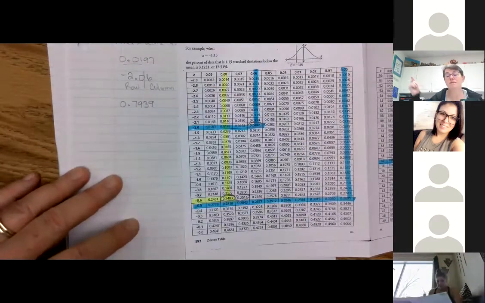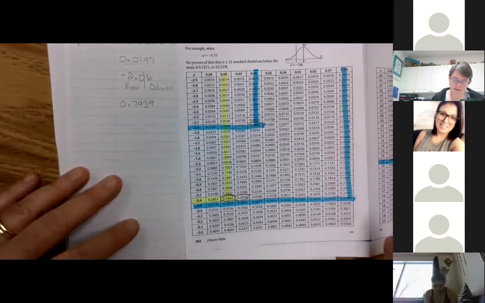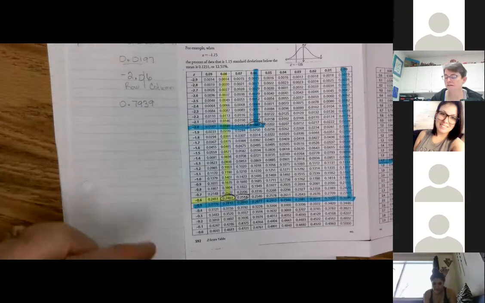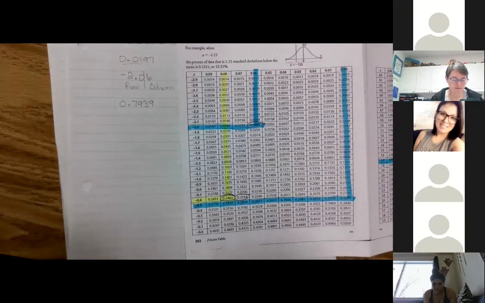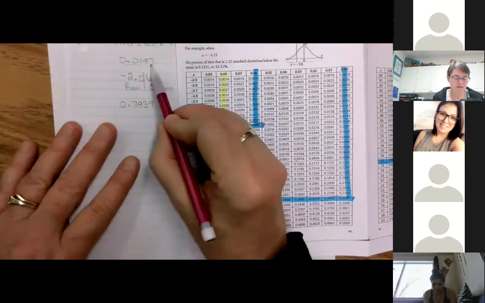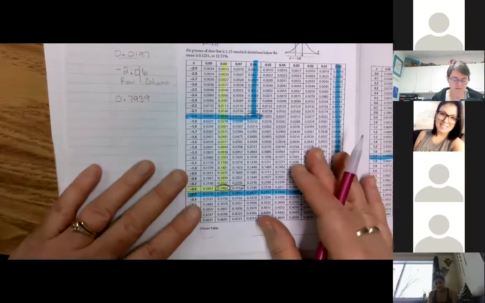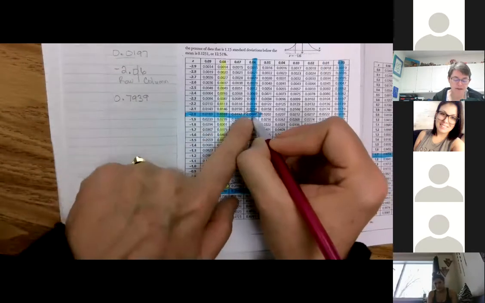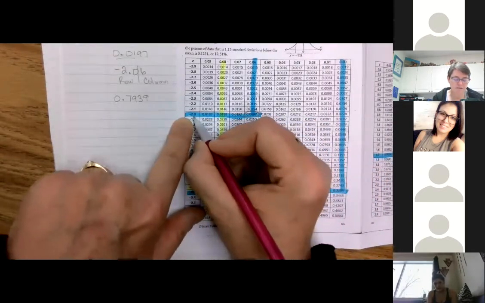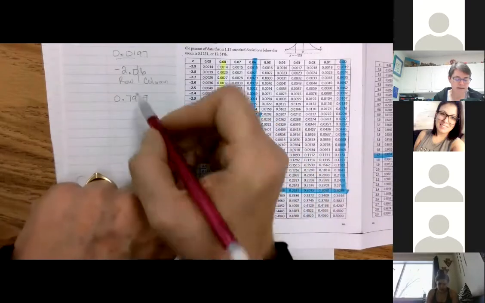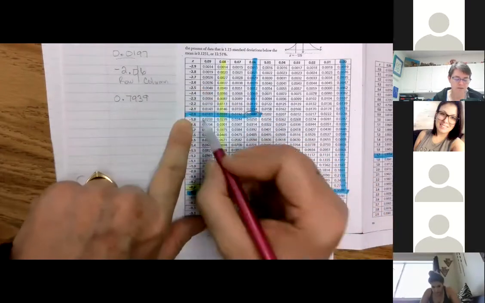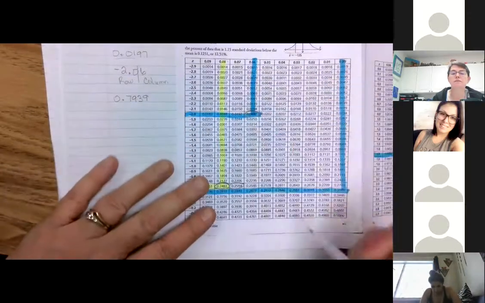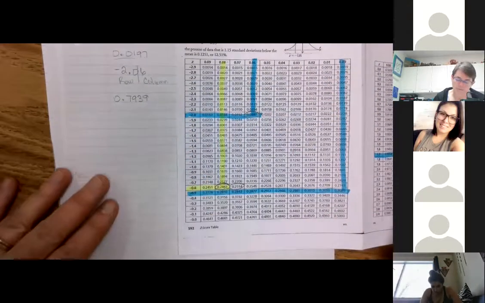I sense I'm going to do a separate video to practice this. On the previous question, the 0.0197, how did you get negative 2.06? Okay, so I find my number. You've got to find the number first, and then you read over to see what row it is, and the 6 came from up there. Oh, I see. Okay, thank you.